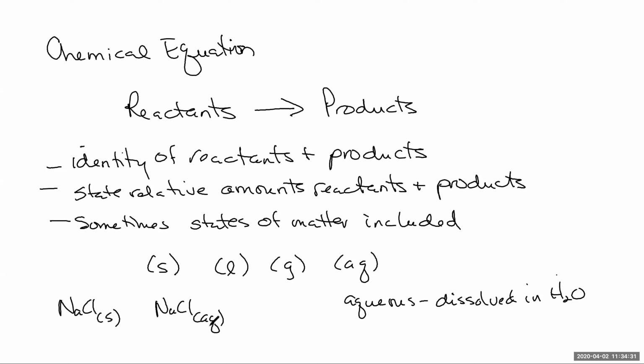So what we're going to practice now is how to balance equations. When we're balancing equations, there are a couple of rules to use. The idea is to get the same number of atoms for each element on both sides of the equation.